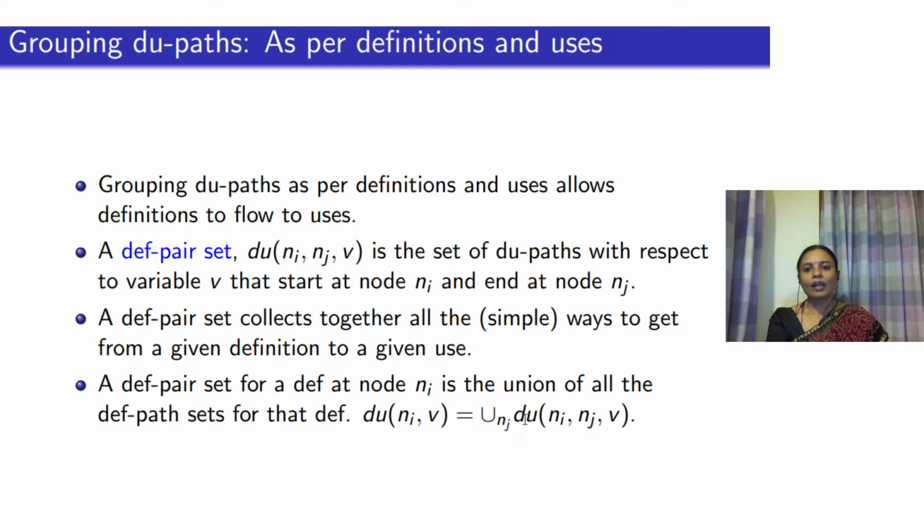That is, consider variable v that is defined at ni and consider all possible uses that end at nj. So that is DU(ni, nj, v), and take its union over all such nj. Then we get this entire def path set.